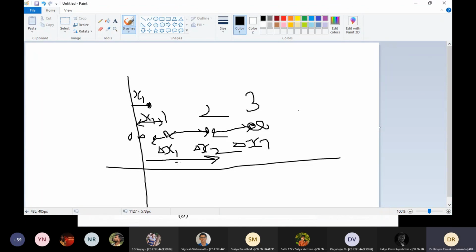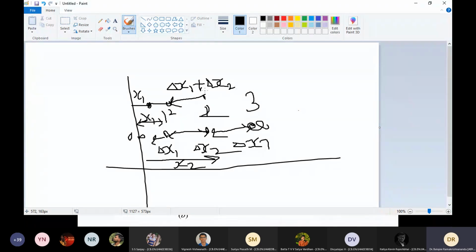This is x2. Now when you come to x2, let's say 2 is here, then the distance by which 2 has moved is, x1 has already moved delta x1. So this distance will be delta x1 plus delta x2.